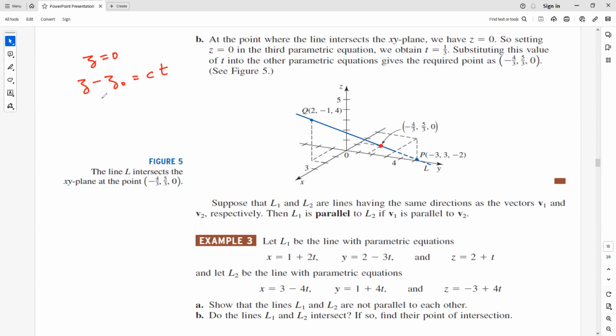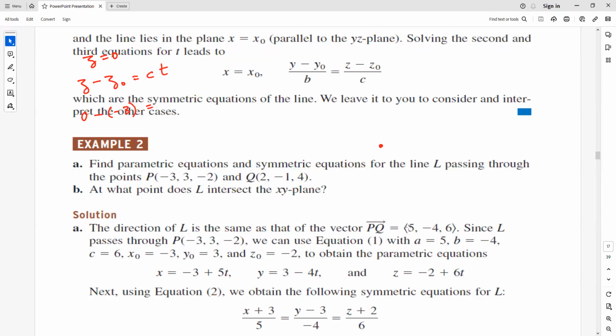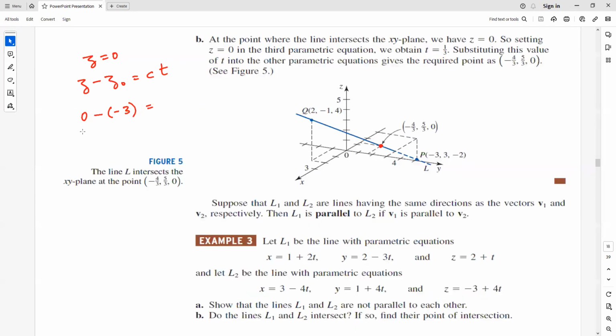Okay, so Z naught is -3, and C is 6. Or I have made some mistake here, I think. Let us correct that.